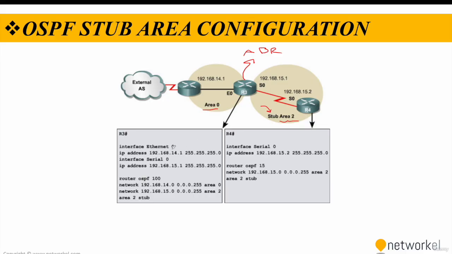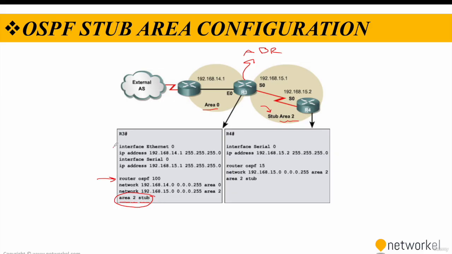So in router 3, in OSPF mode, I am typing area 2 stub. That is it. I'm not configuring anything else to define a stub area on the ABR.